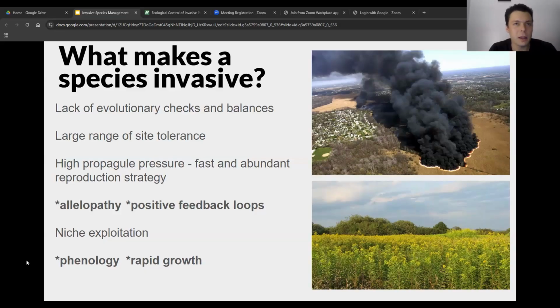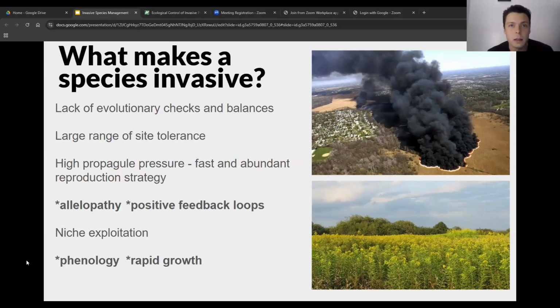They're going to spread kind of slowly. But if there were ever any sort of high functioning native ecosystem in that same space, those daffodils would very quickly lose their population, because that plant just doesn't have the proper traits in this kind of setting to become invasive. So we call that just non-native, not invasive.